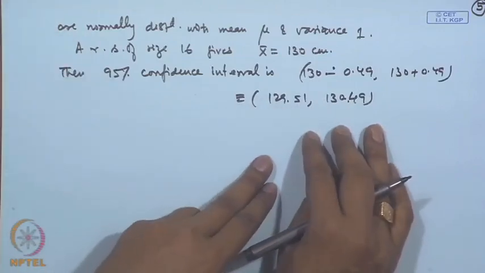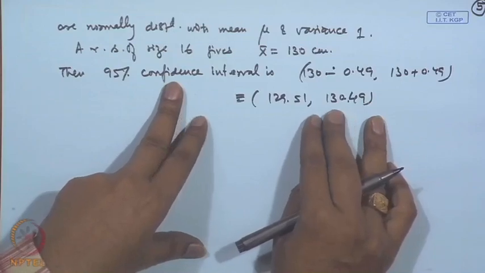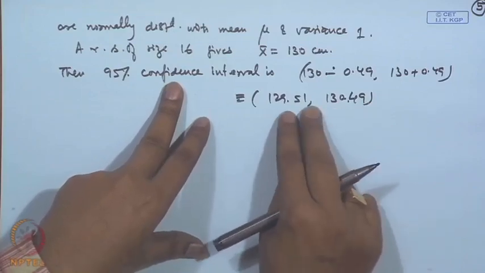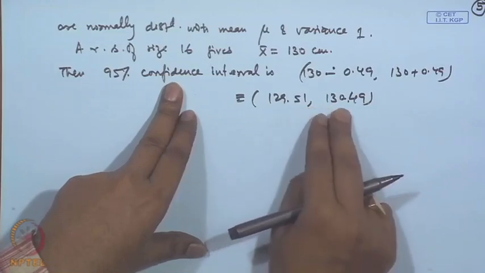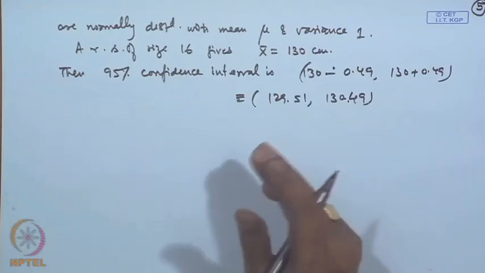That means, we are saying with 95% confidence that the average height of the girls in class 5 will be between 129.51 centimeters to 130.49 centimeters. One may interpret it in a frequency sense, that if we collect the sample 100 times, then 95% of the times the interval will include the true parametric value, and 5% of the time it may not include the true parameter value.